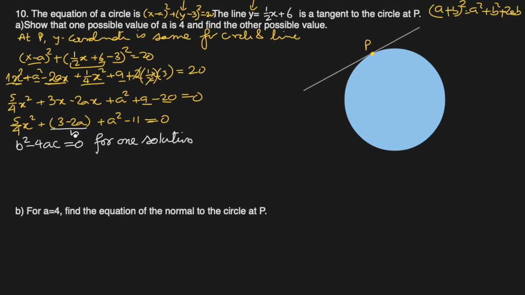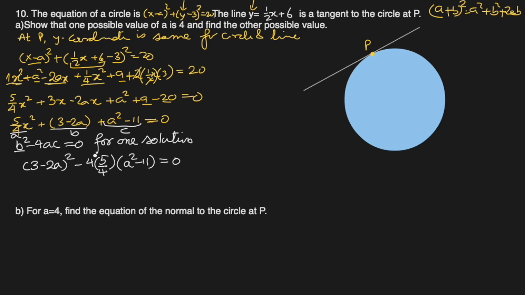This is b, this is a, and this is c. So (3 minus 2a) squared becomes b squared, minus 4 times a, which is 5/4, times c, a squared minus 11, and that will be equal to 0. This will give us the values of a.